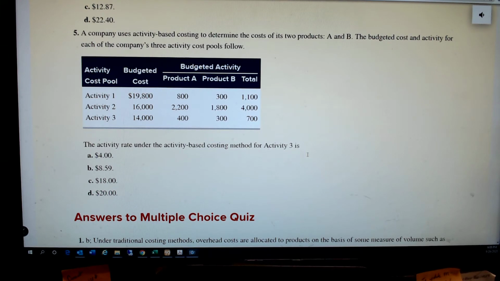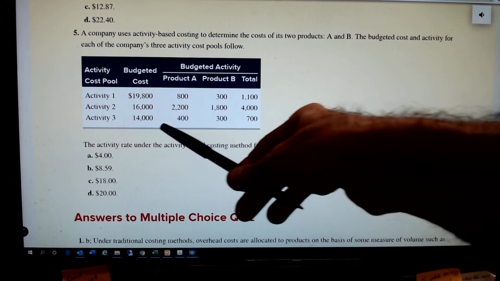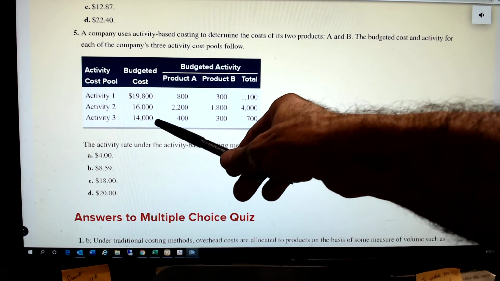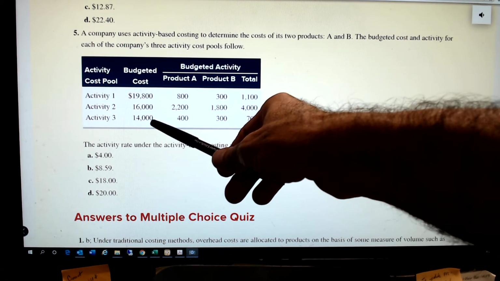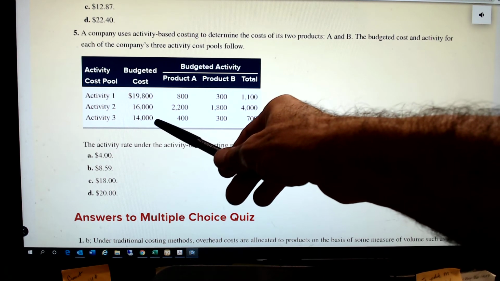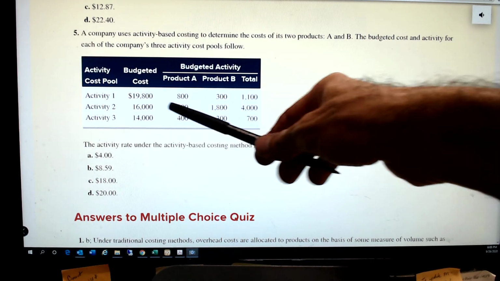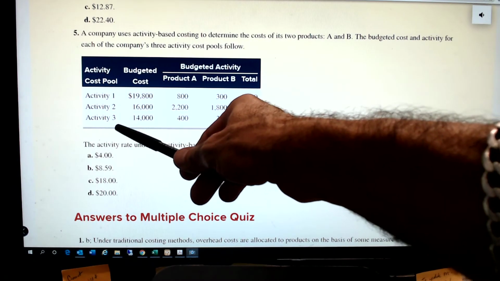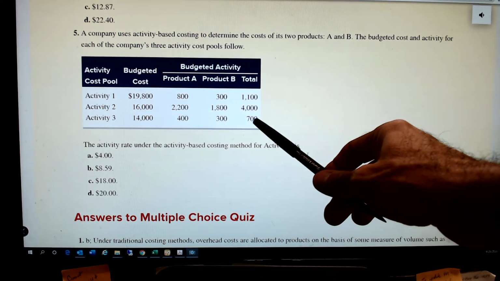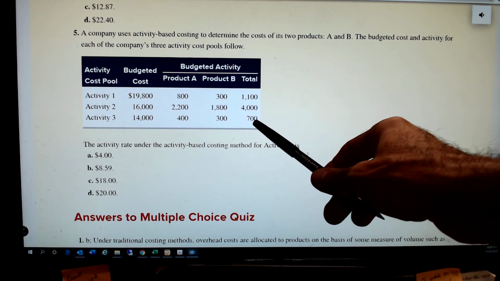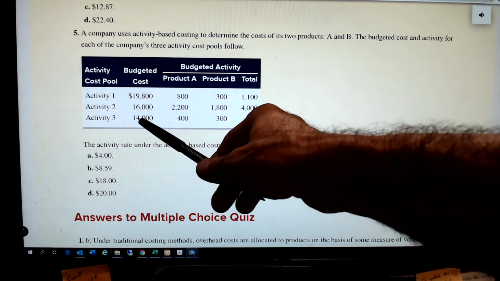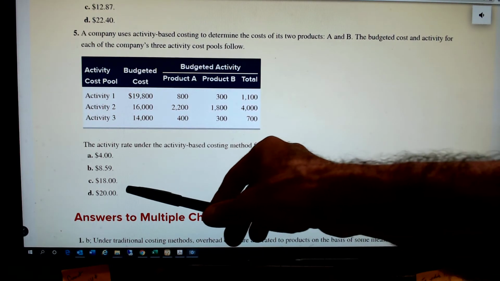That's all they want to know is the rate. Well, activity 3 is going to have a total factory overhead of 14,000, and however it's going to measure usage of its particular activity. For example, if this is the car washing, this is how many cars are going to be washed. A total of 700 cars. What's the rate? 14,000 divided by 700, $20.